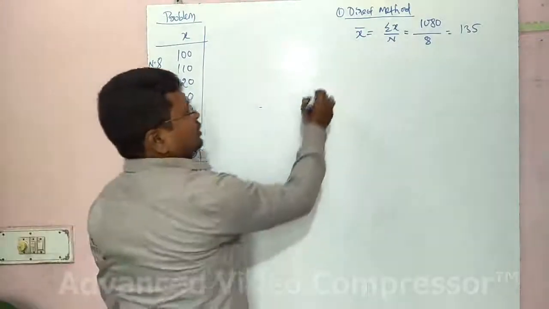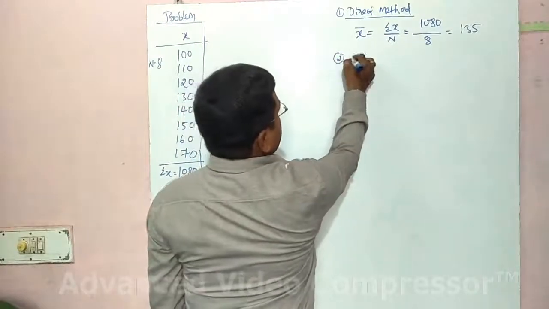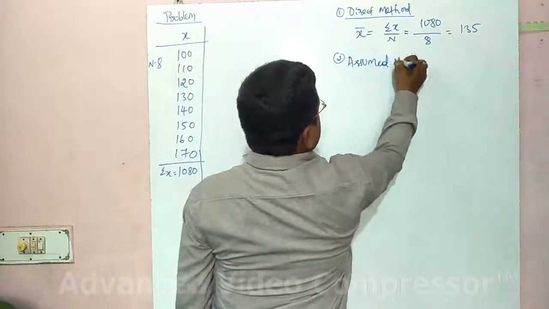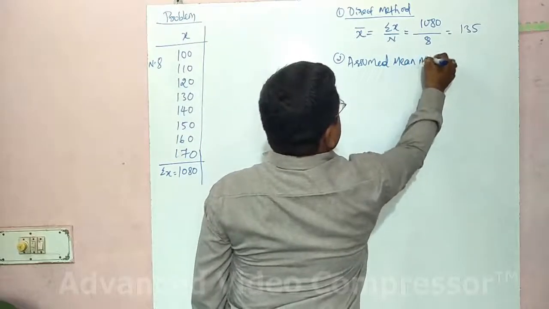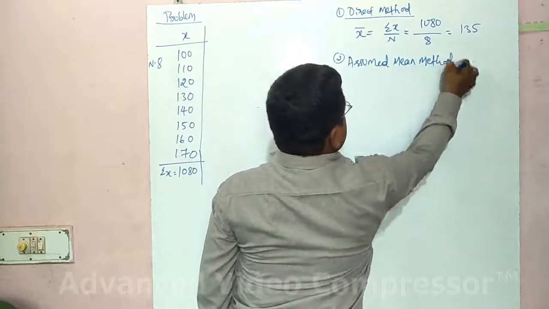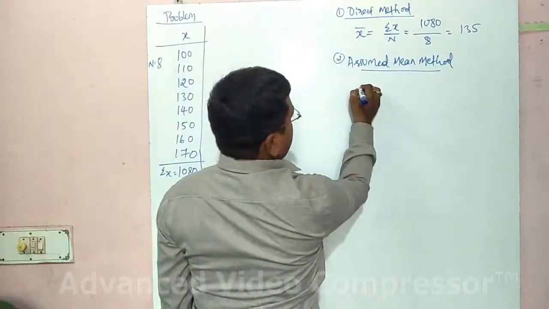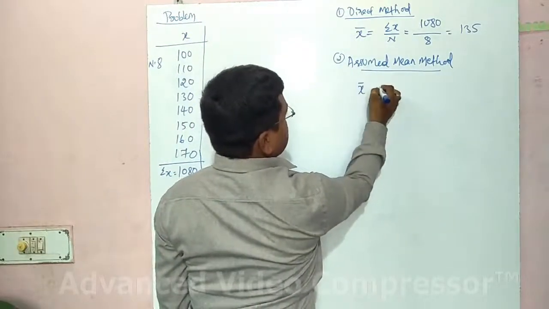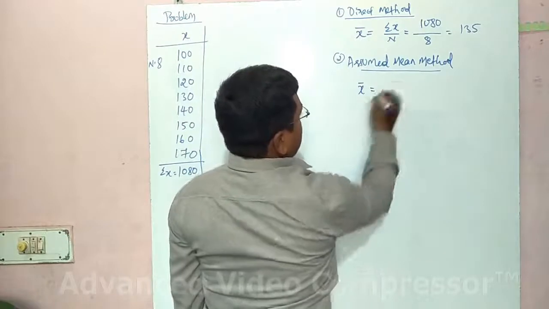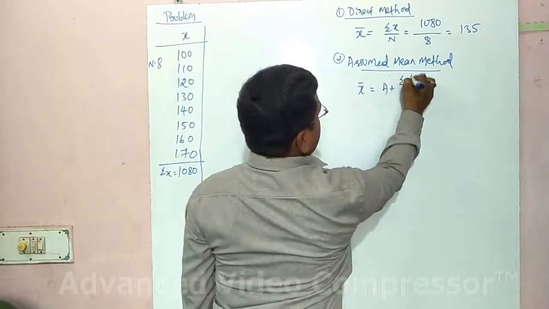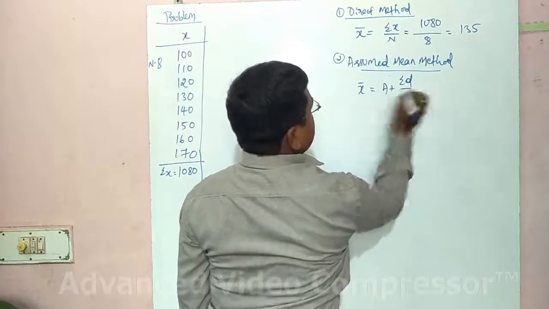Next, take up the second method. The second method is the assumed mean method. The formula of the assumed mean method is x bar is equal to a plus summation of d divided by n.